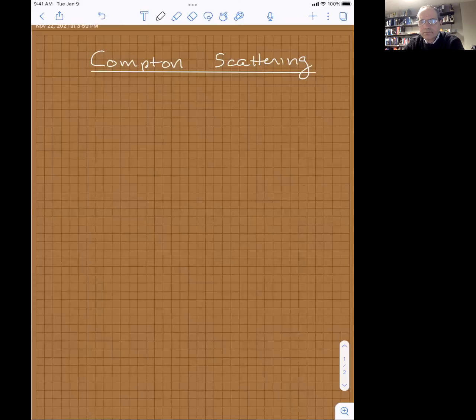Okay, the theory of Compton scattering is based on two results. The first is the photon theory of light, that photons have an energy associated with their frequency.